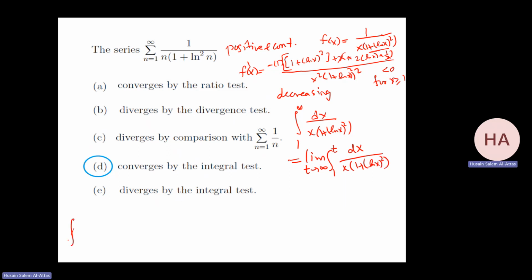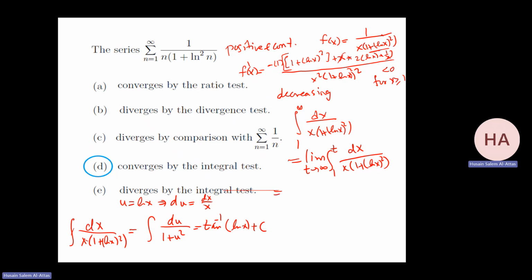Let me do the integration as an indefinite one, to avoid writing this and that. Let u equal ln x, du equals dx over x. So I have the integral of du over 1 plus u squared. And that will be tan inverse of u, tan inverse of ln x, plus c.